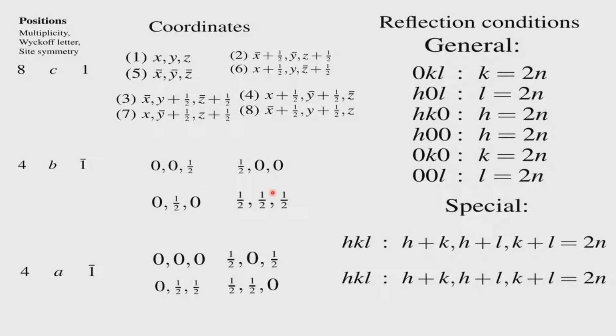Suppose you take a PBCA lattice and put these equivalent points, you will see automatically the generation of the face centered symmetry, because you have a 0, 0, 0, you have a 0 half half, you have a half half 0, and you also have a half 0 half. These 4 positions essentially tell you it is a face centered lattice.